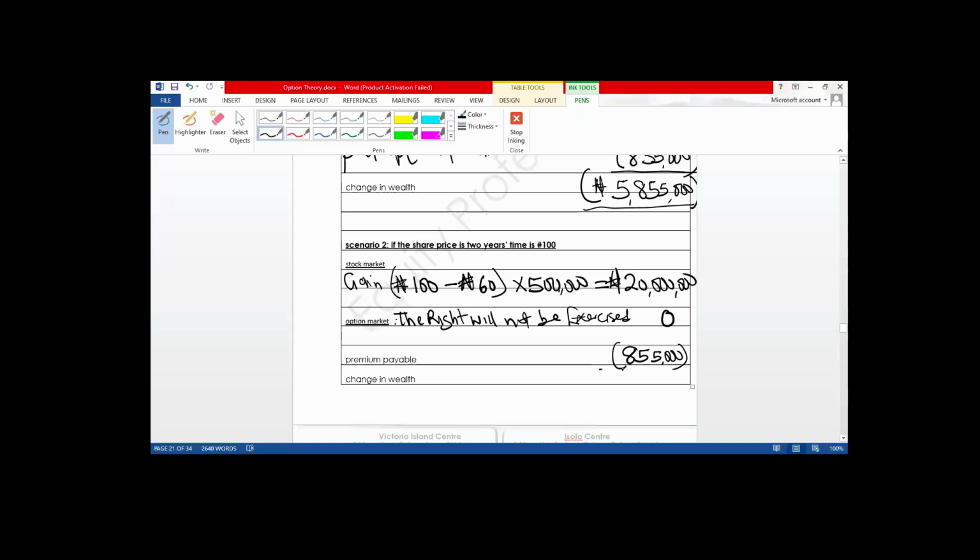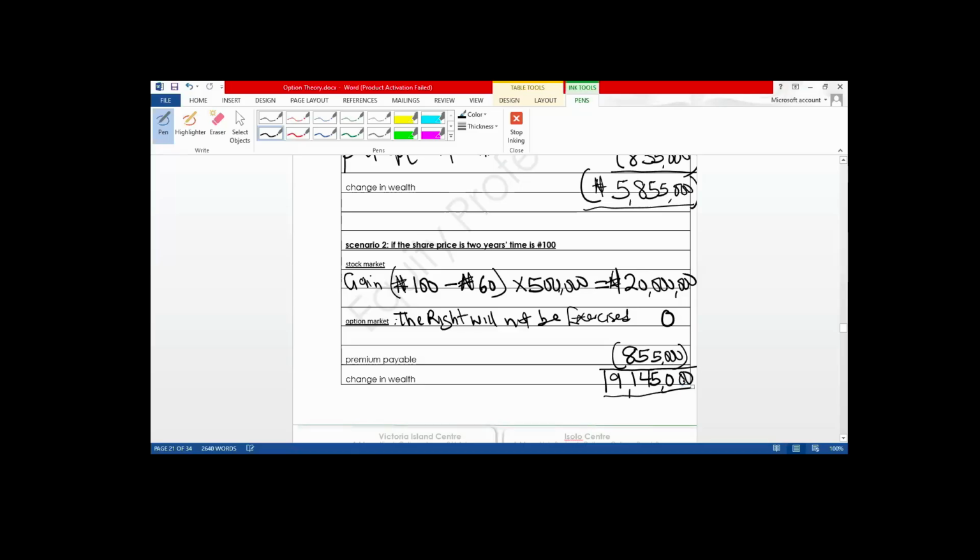What is the change in the investor's wealth? 19 million, these two, 145,000.